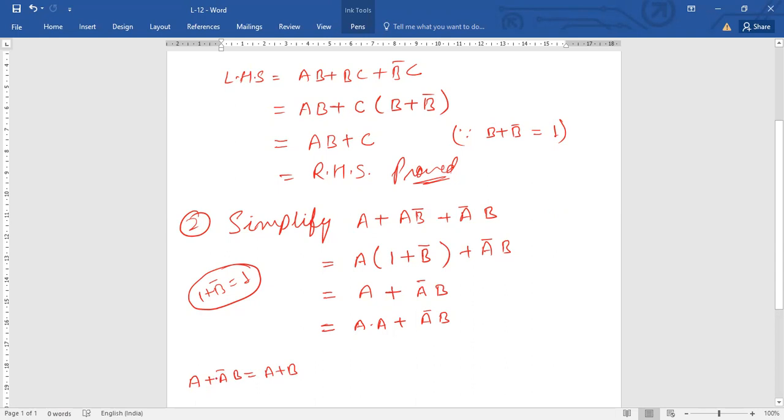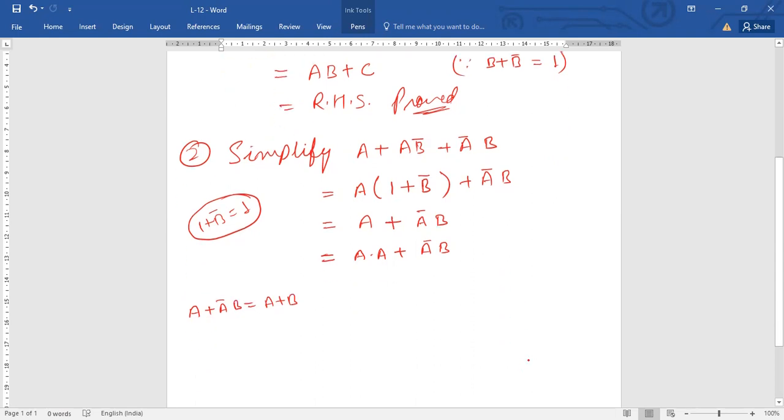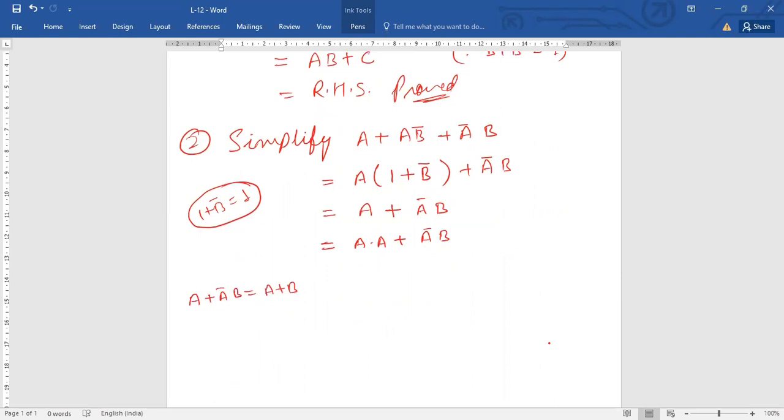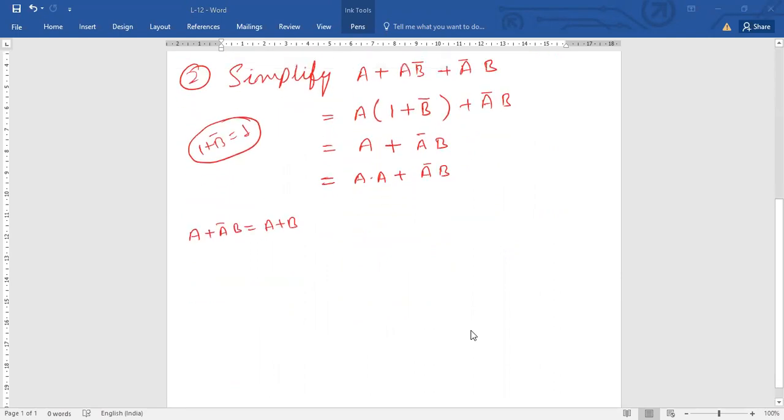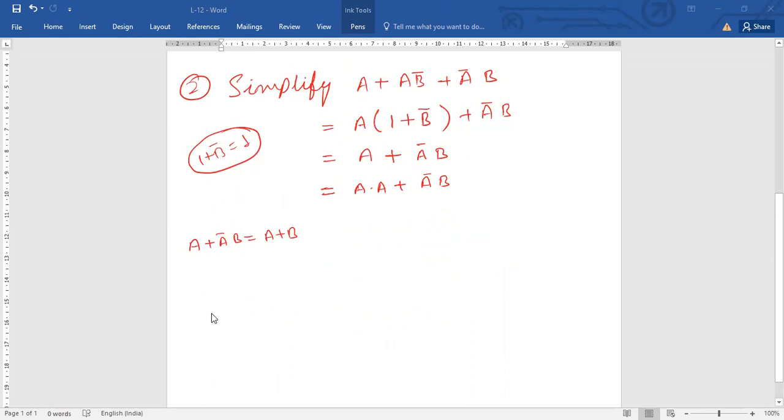Sir, there you probably made a mistake. 1 plus b equal to 1 holds, but 1 plus b complement is not 1, maybe. Okay, don't say maybe. You can check and prove whether it is right or wrong. So let us take 1 plus b and put the values.